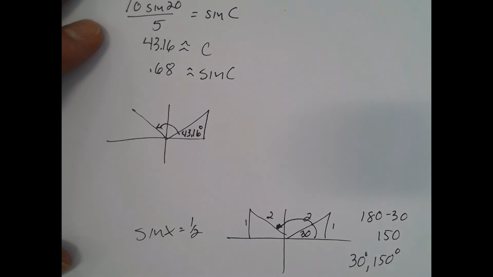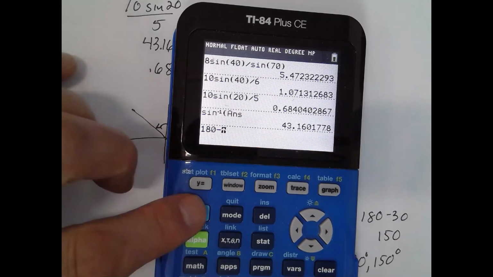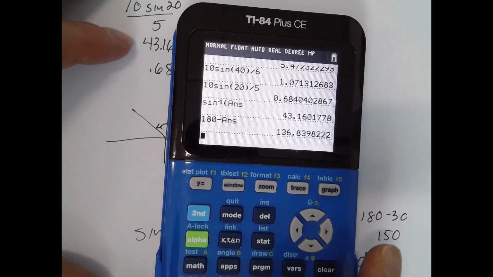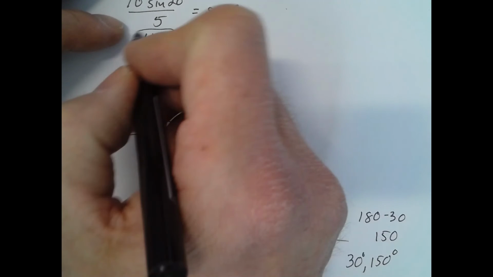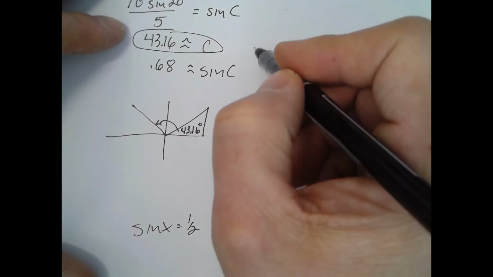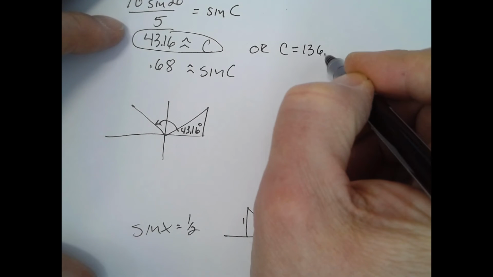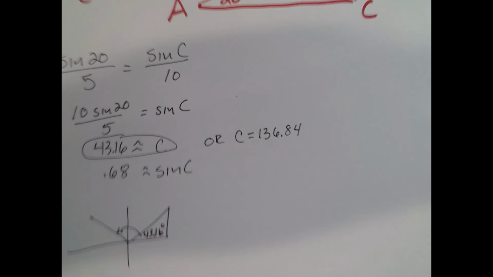So I do 180 minus that answer, and it gives us 136.84. So C is 43.16, or C could be 136.84. We actually have two answers for C.